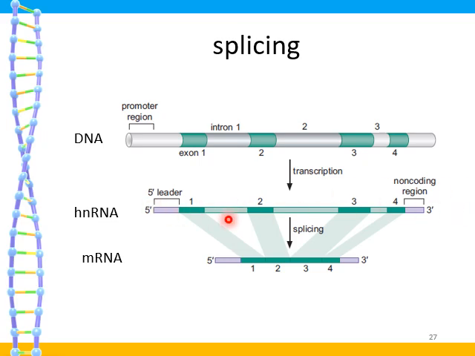So the first transcript of the RNA is called hnRNA, and then through the splicing mechanism, the introns are removed, and only the sequences that belong to the exons will remain, and so the mature mRNA will be formed. This procedure is called splicing. Splicing means removing of the introns on the mRNA molecule.